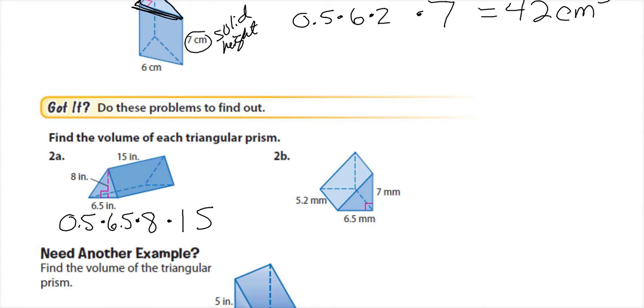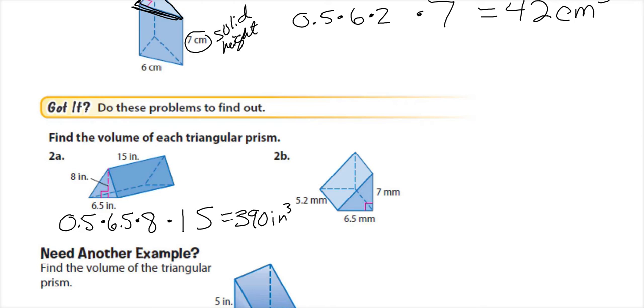Okay, or as I said, really you're just taking half and then times all of the other 3 numbers. Because it's all multiplication, the order doesn't matter, right? Okay, so 0.5 times 6.5 times 8 times 15. All right, that makes it 390. And we're in inches, so cubic inches.